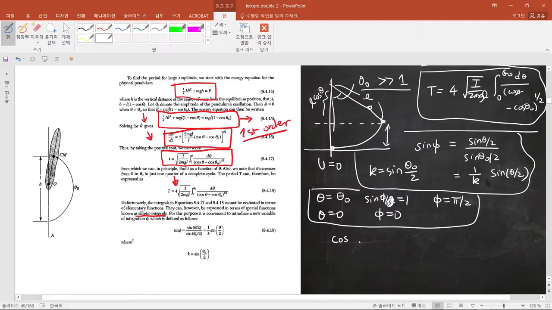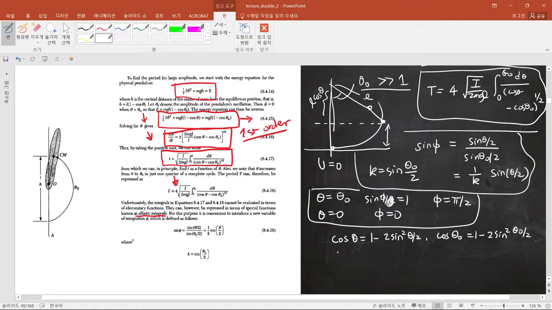Cosine theta we know is 1 minus 2 sine squared theta over 2. And of course cosine theta 0 is equal to 1 minus 2 sine squared theta 0 over 2.